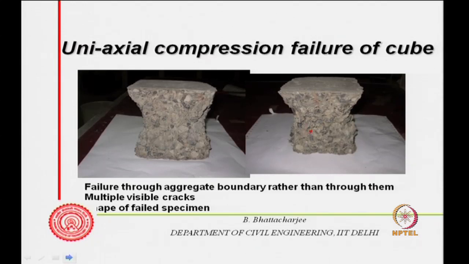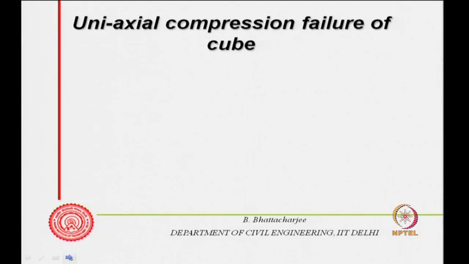So, failure is through the aggregate boundary rather than through them, and you can have multiple visible cracks. This is the shape of the failed specimen as we have seen. Now, we will explain why we get this shape, but one thing we must understand from here is that in normal strength concrete, failure is through the aggregate boundary rather than through the aggregates themselves.